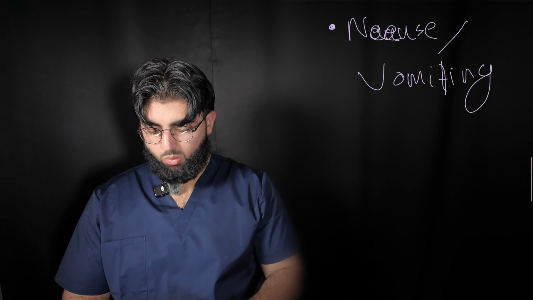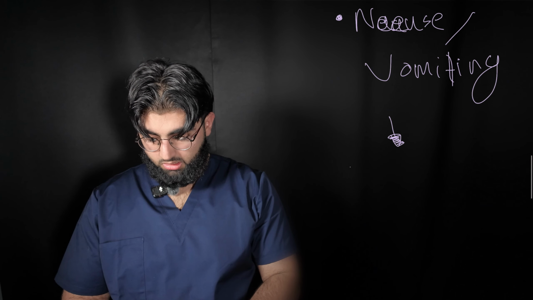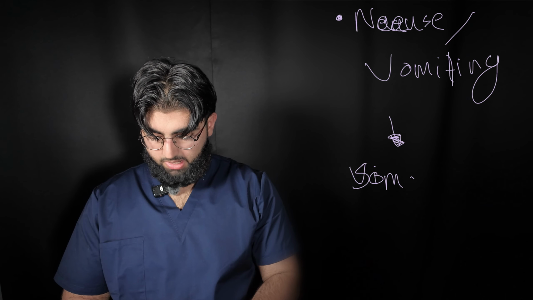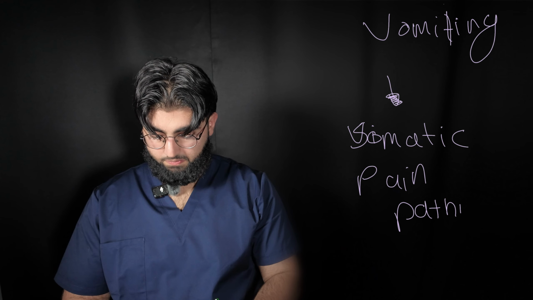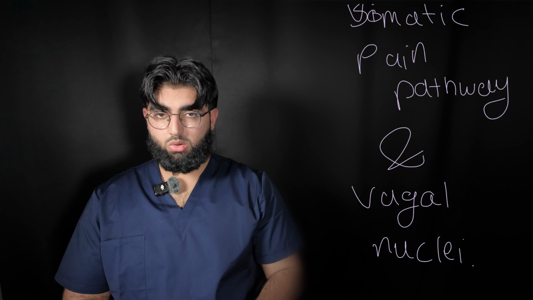So one other thing that we need to understand here is that the somatic pain pathway and the vagal nuclei are very closely connected. So what does this actually mean?